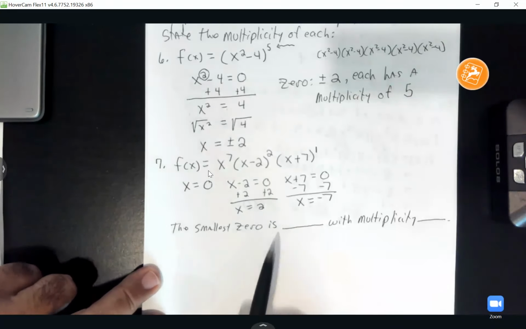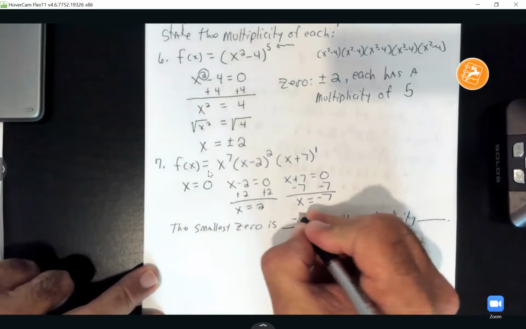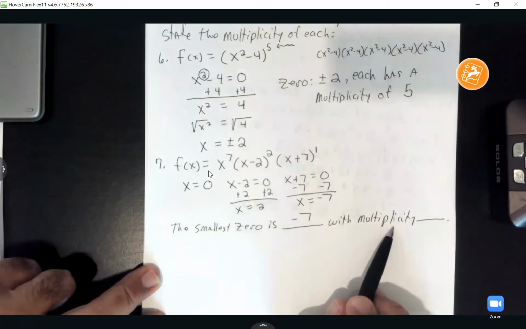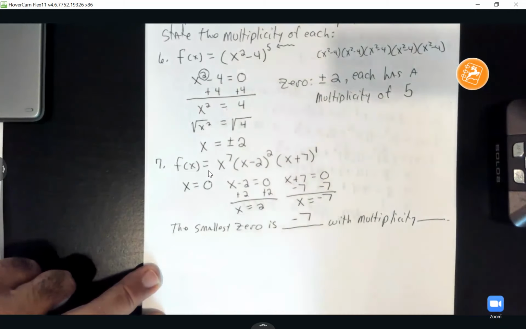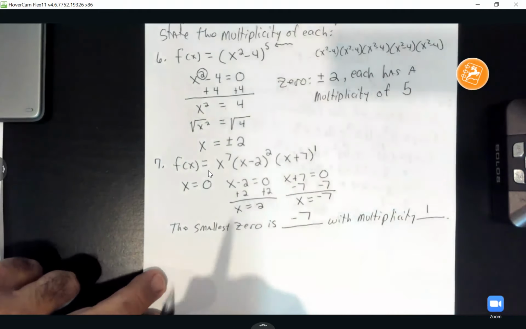So what is the smallest zero that I have? -7. And it has a multiplicity of what? One. So good job.